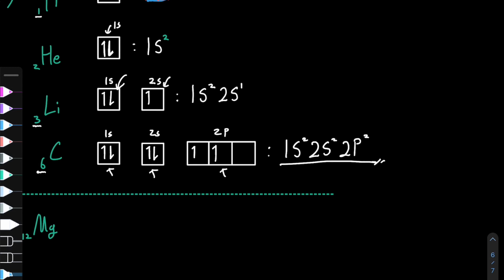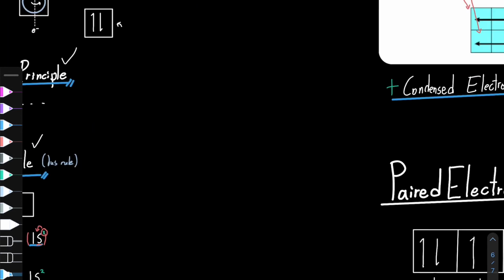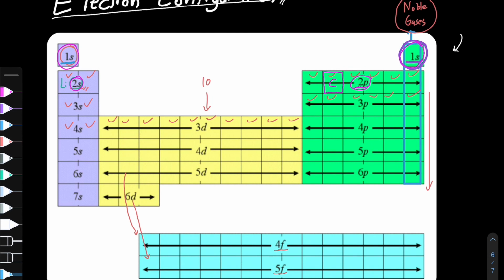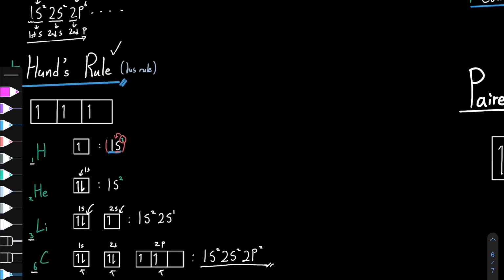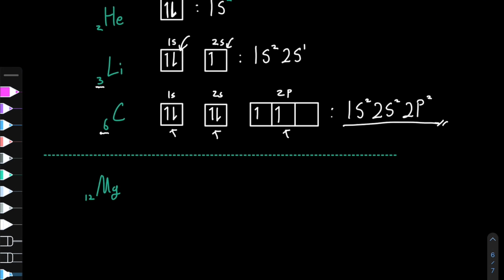But now, as you can see quickly, although we have done examples that are higher on the periodic table, as we go down, it becomes difficult and more laborious to write electron configurations simply by hand. For example, Mg 12, magnesium.